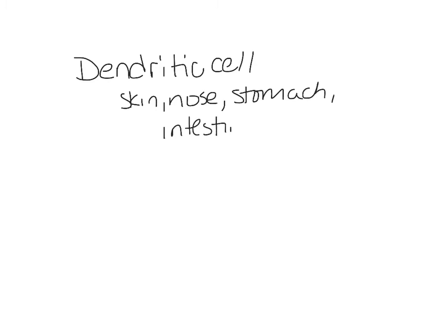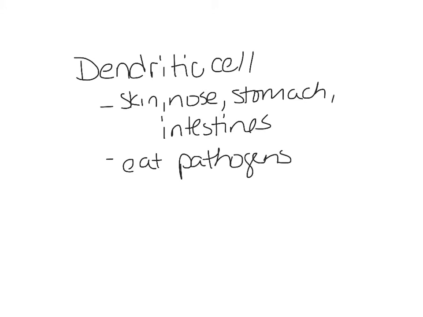So they are hanging out close to the surface that's exposed. Okay? They're phagocytic, so they eat pathogens, and they're very aggressive. When they eat the pathogens, they carry that information.